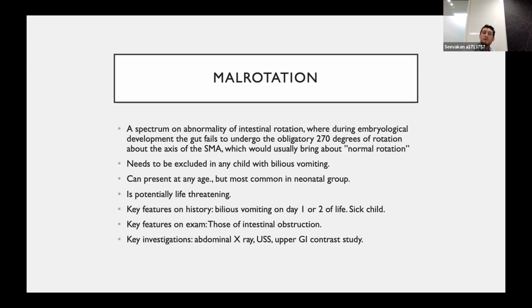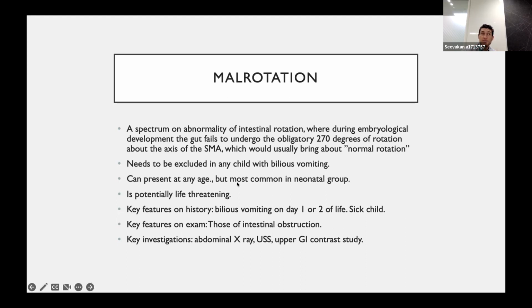And what that results in is a propensity for the small bowel to volve, or to twist on itself, causing obstruction. The reason why it's so bad is because this gut gets ischemic really fast. Dead gut, then you can sometimes end up with a dead child.